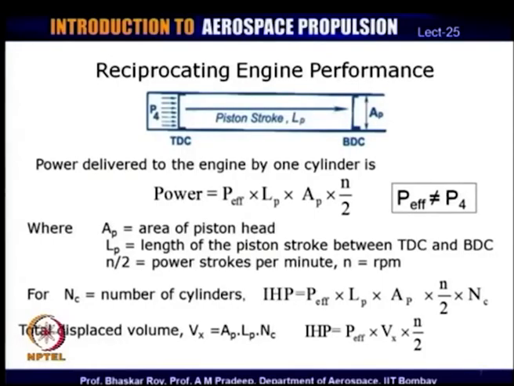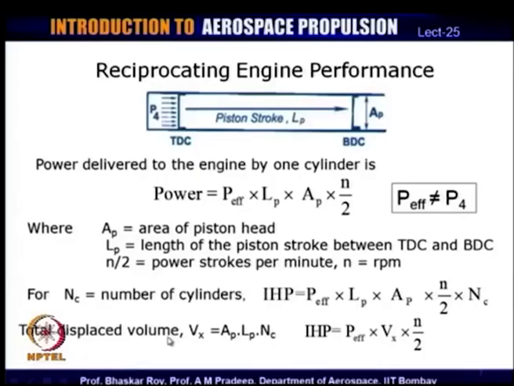The total volume displaced, which we were talking about a while earlier, is now given in terms of area of the piston head, the length of the stroke, into the number of cylinders. That is the total displaced volume, which is often quoted as the engine capacity.